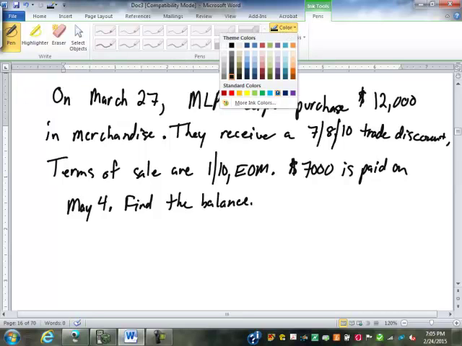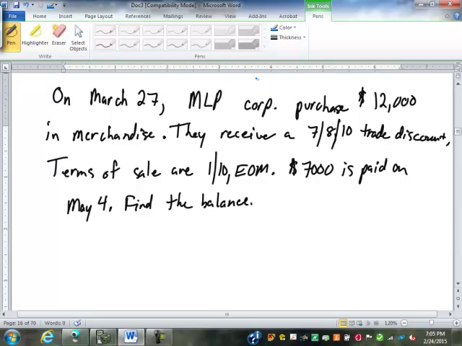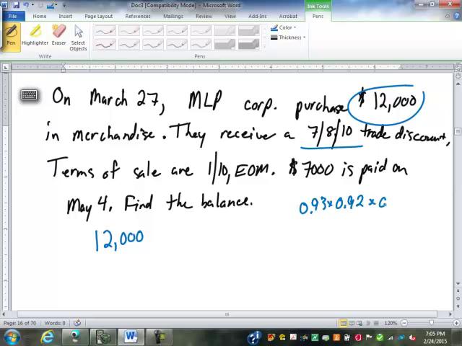Doesn't sound like that harmful of a problem, does it? Well, let's take a look. We start out with a list price, 12 grand. To that 12 grand, we're going to have to apply a trade discount first. A 7, 8, 10 trade discount. How do we handle that? Perfect. 0.93 times 0.92 times 0.90. 7% means 93% is paid. 8% discount means 92% is paid. 10% discount means 90% is paid.